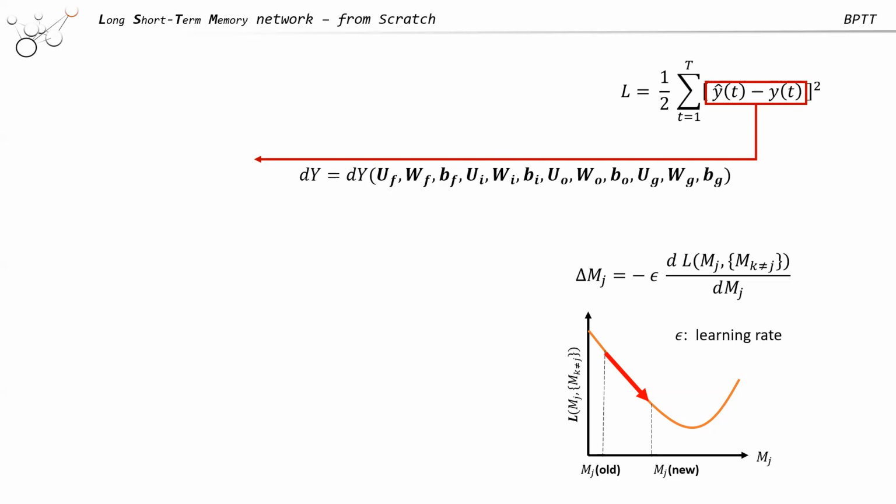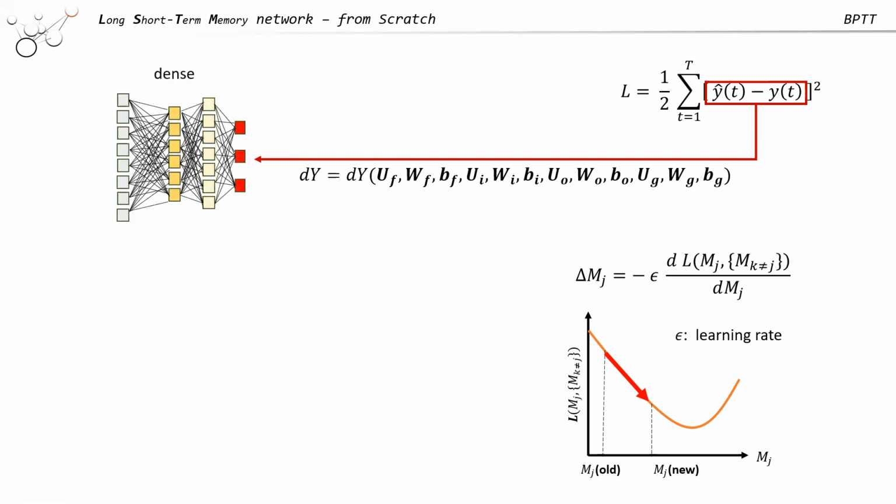The output will be passed on to a dense layer, and the dense layer converts the state vector h into a vector with y hat.